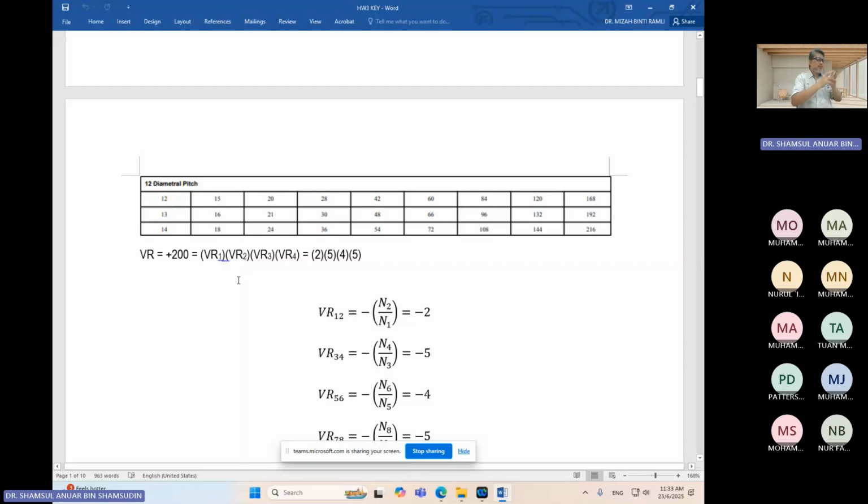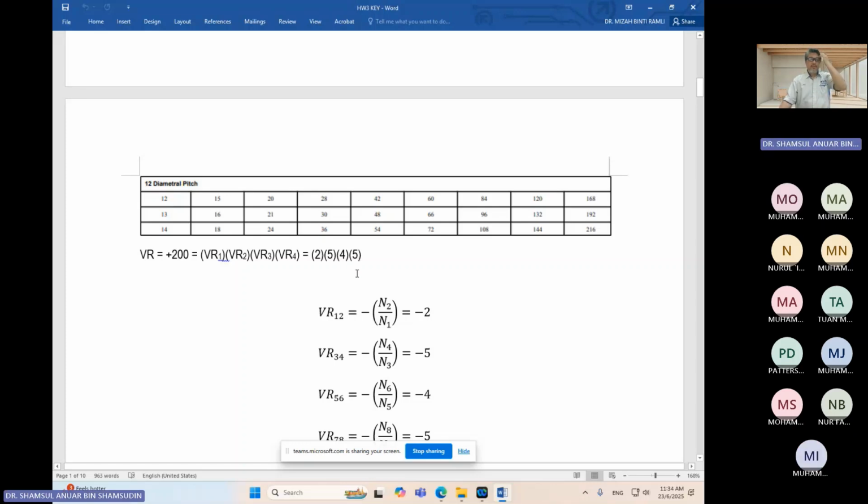So you try to break it up, what times what until you get 200. So 200 can be 2 times 5 is 10, 10 times 4 is 40, 40 times 5 is 200. So many different combinations can be achieved here.